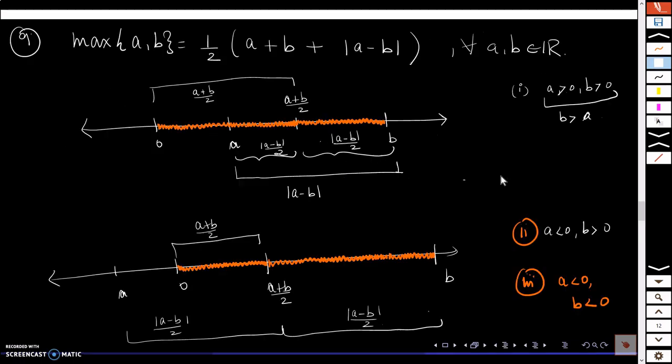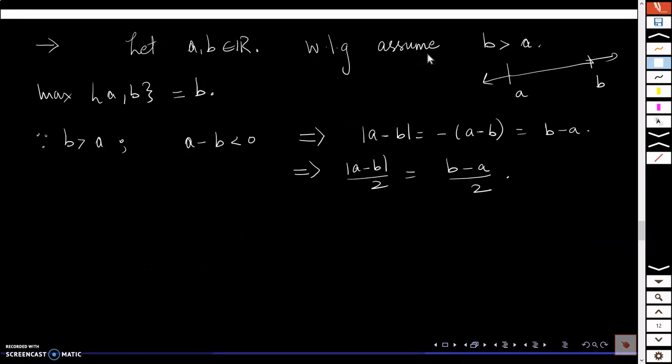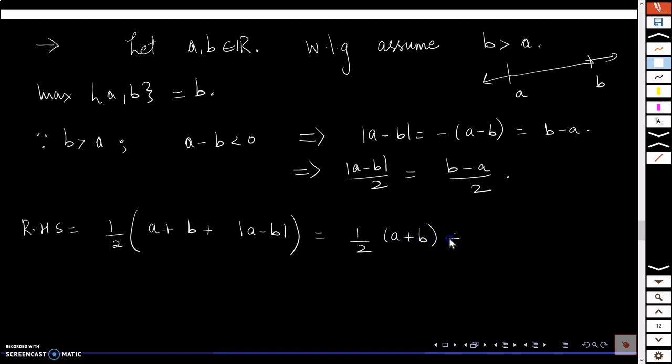Now if I look at the right hand side expression, what is the right hand side? Right hand side is half of A plus B plus modulus of A minus B. So if you distribute the half, you get half of A plus B plus half of modulus of A minus B, right? But modulus of A minus B by 2, this entire thing is B minus A by 2 from the previous expression.